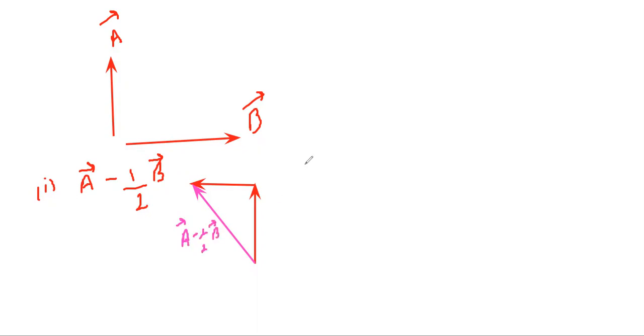Right? So there can be variations in questions like this, where you have to subtract 2A vector minus 2B vector. In that case, you have to double the length of A, and double the length of B, but you have to reverse the direction of B because it is minus 2B vector. So such numbers can be added to increase or decrease the magnitude of a vector.